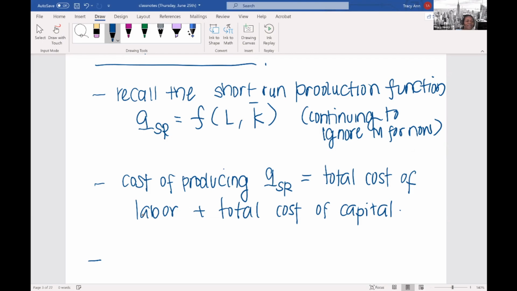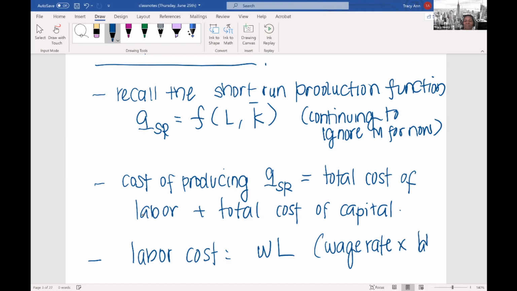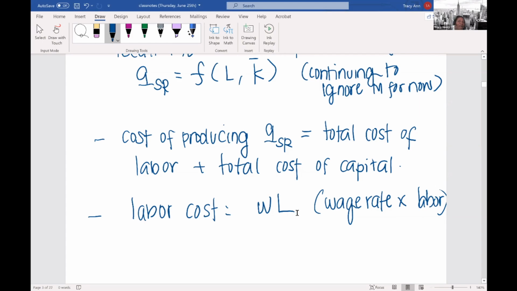So here then you can see that your labor cost, we can make it nice and simple, is equal to WL, the wage rate times labor. If I think about my labor as being labor hours or individual laborers, then my labor cost is simply this wage rate times the labor. If I'm paying my workers $100 per day, and I'm hiring a certain number of workers per day, then my labor cost is WL.